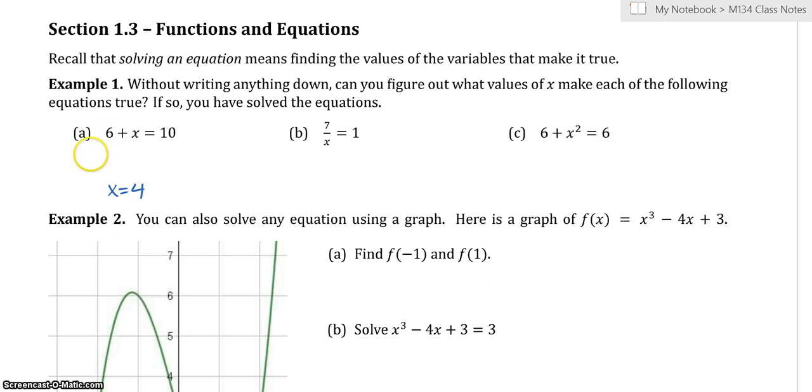But we also have learned that we can subtract 6 from both sides and get that answer. But we have not learned how to do that yet for part B. But what would make that true? 7 divided by what is 1? The answer is 7.